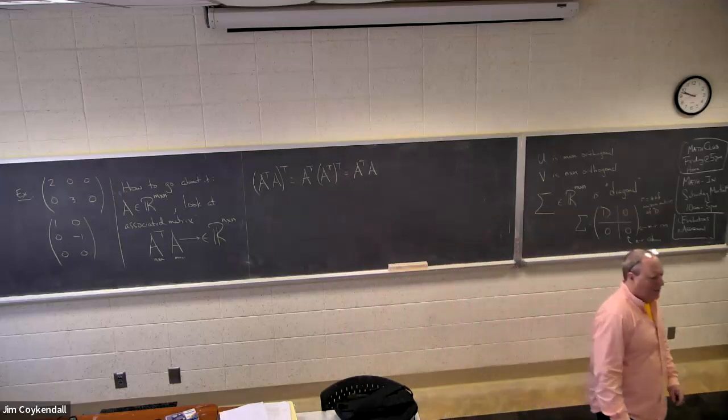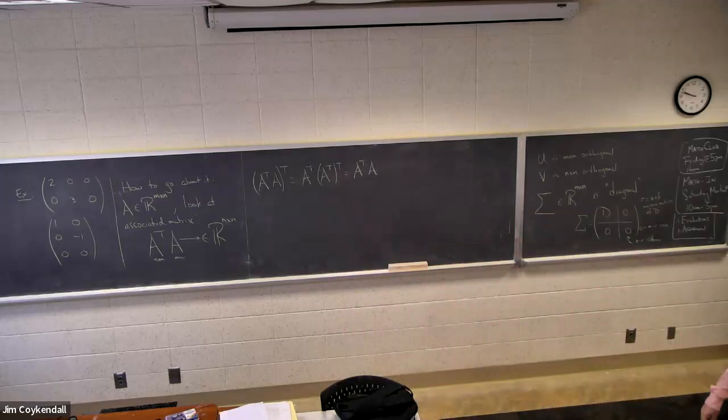Oh, fantastic, right? So if you walk up to me on the street with A, all I have to do is compute A transpose A, and it'll be a square symmetric matrix.